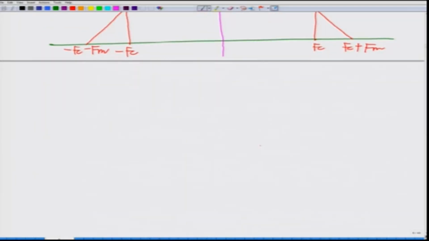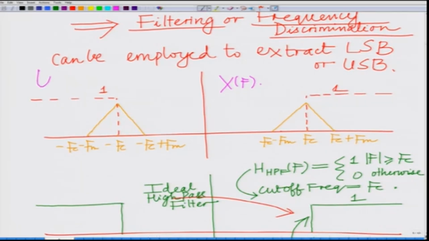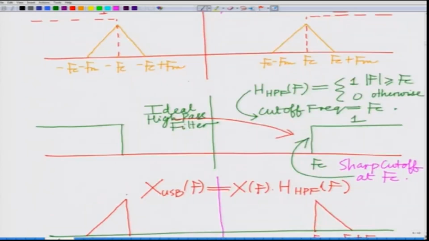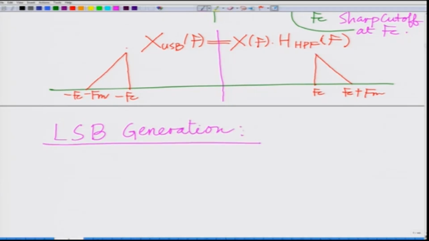Now, this is the generation of the USB signal, the upper sideband signal. Now, to generate the LSB, to generate the lower sideband, naturally one has to pass it through a low pass filter.